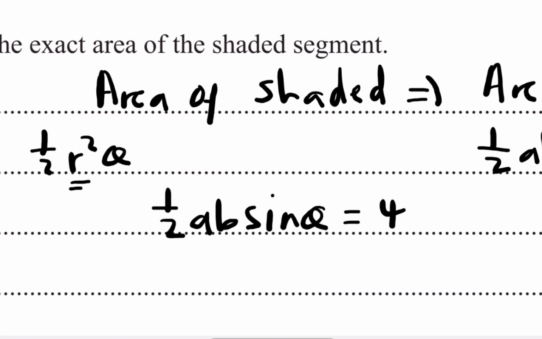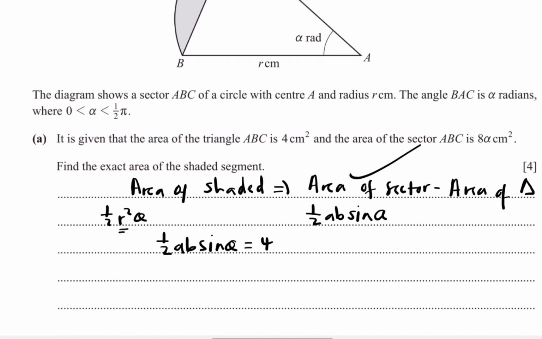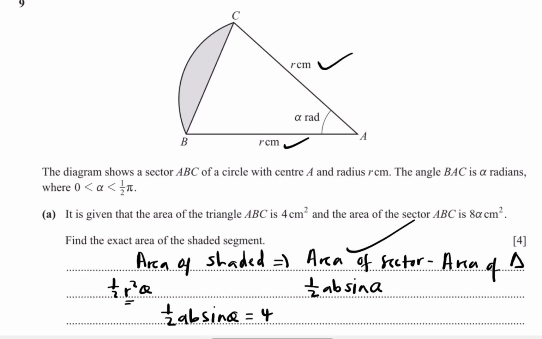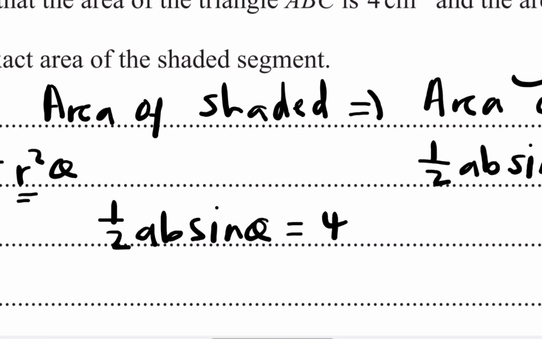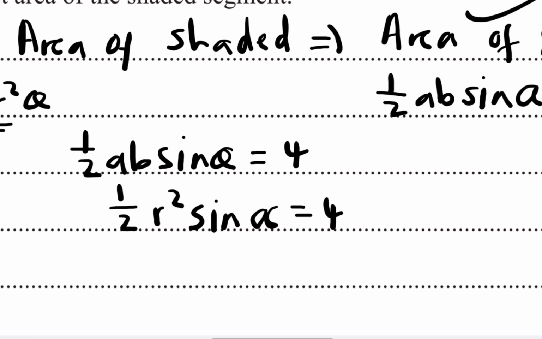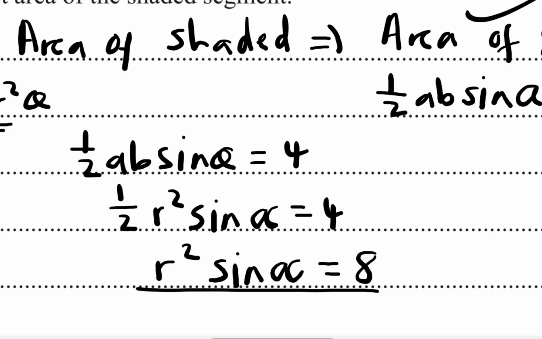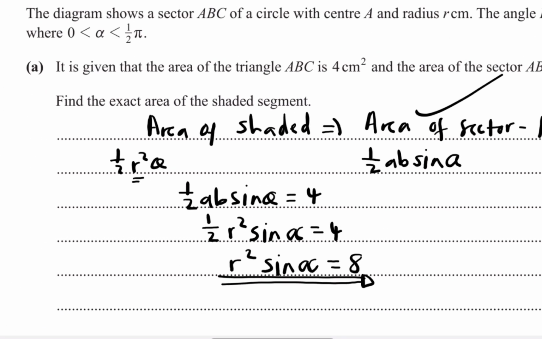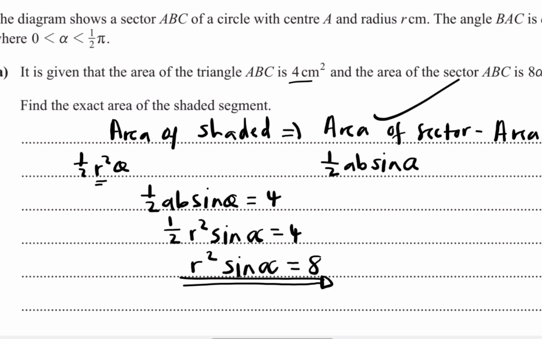And we know that our A is r and our B is also r, so this is just saying half r squared sine alpha is equal to 4, right? And multiplying by 2 both sides, we get r squared sine alpha equals 8, right? And this will be our first equation, using this 4 square centimeters.